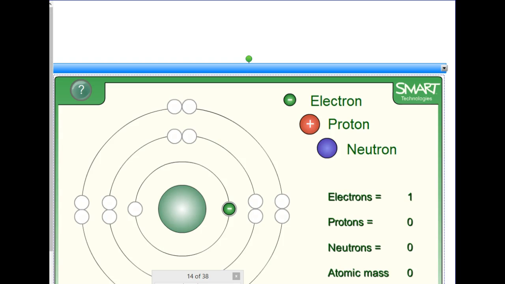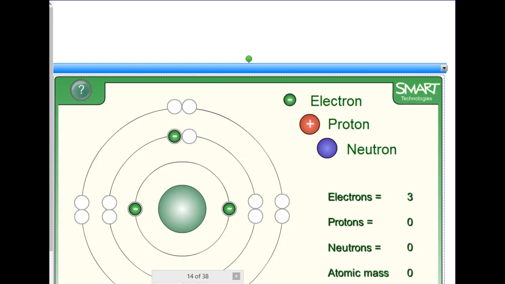So there's two choices. You can give up that one and only electron and form H positive, or it will take an electron and fill that place over there, making H negative, the hydride ion.